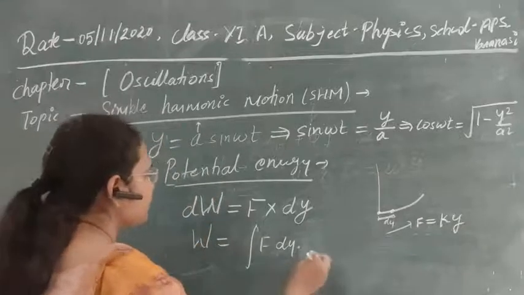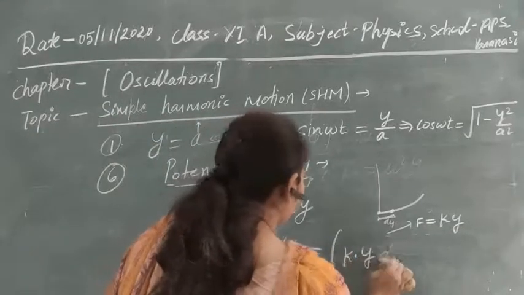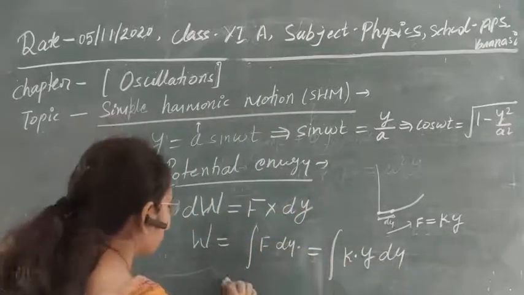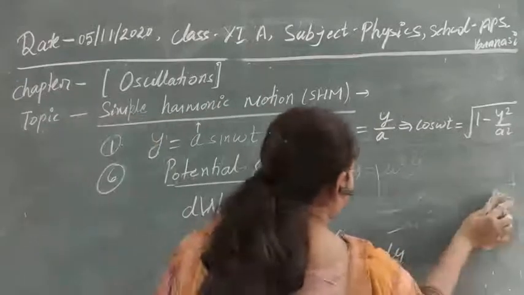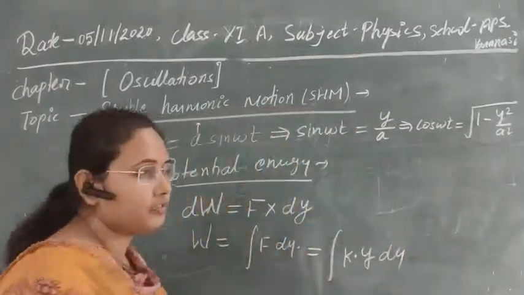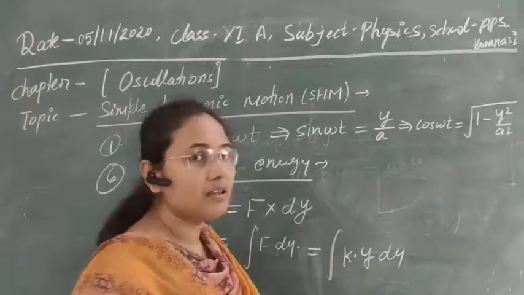So if we put this value, what will we get? That is Ky dy. After solving it, we can easily calculate the work done while displacing any oscillatory particle by a displacement y.